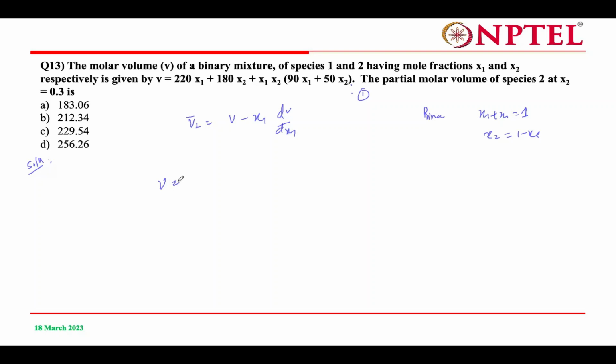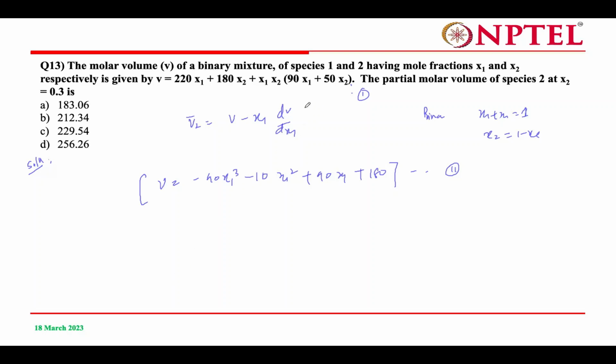So V equals minus 40 X1 cube minus 10 X1 square plus 90 X1 plus 180, when X2 is replaced by 1 minus X1 in equation 1.